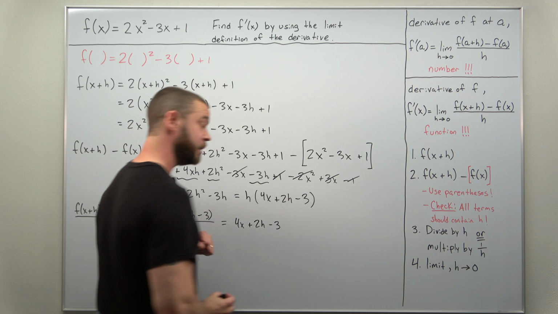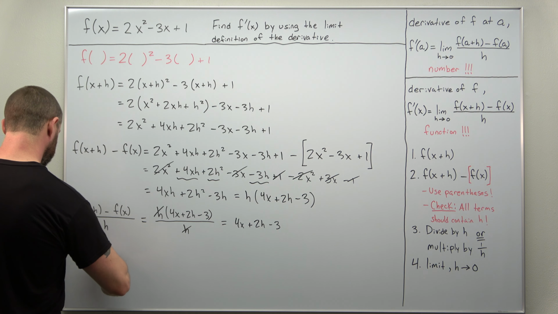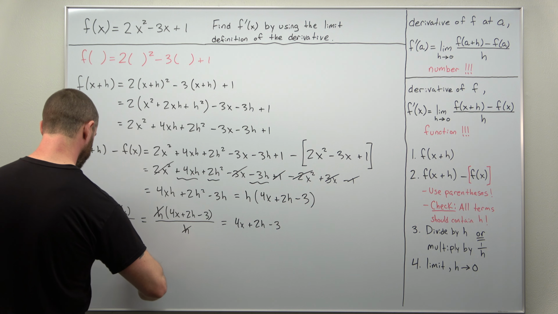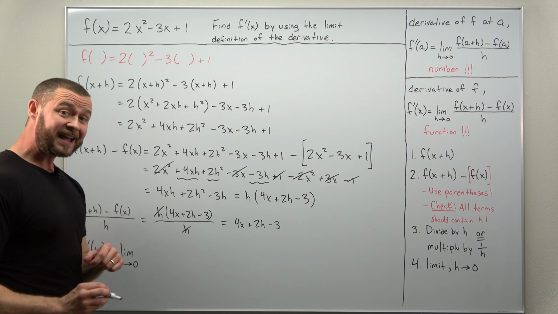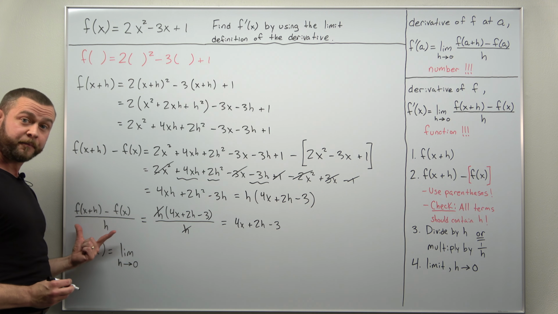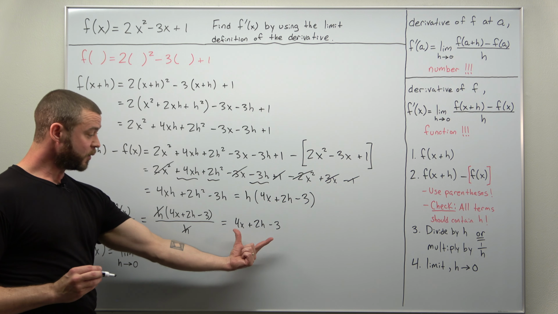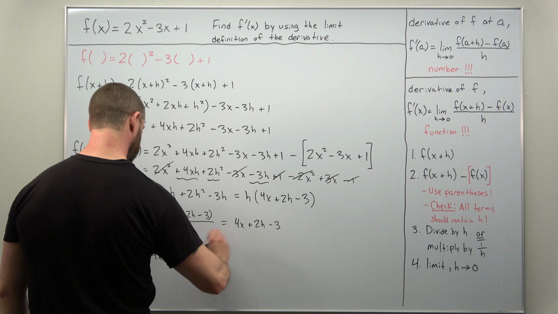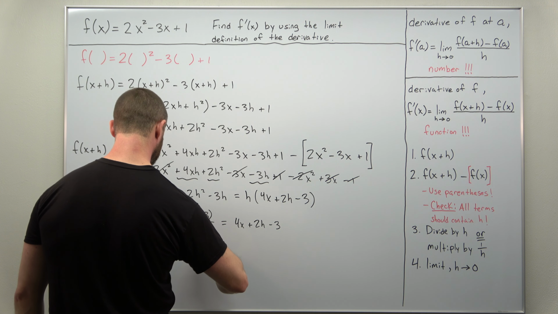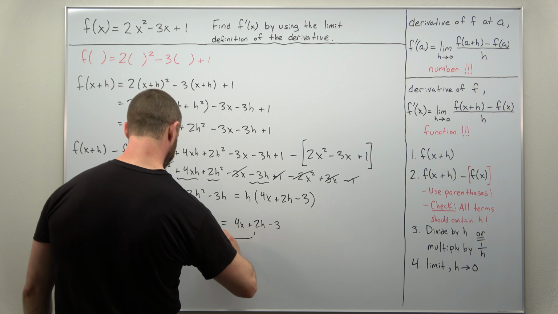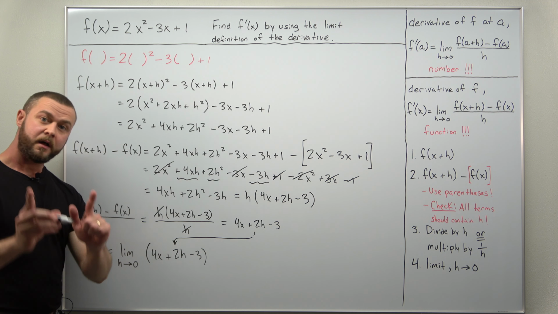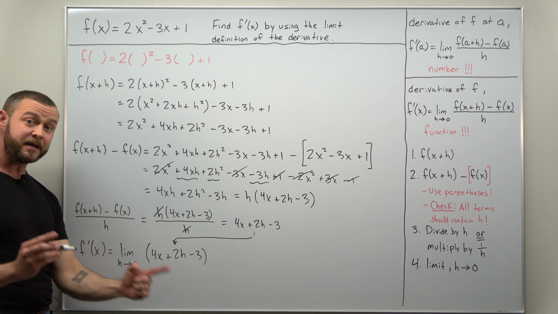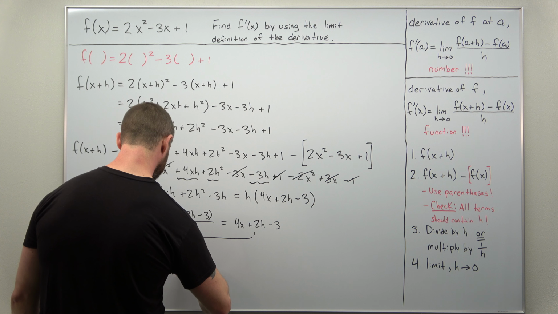And now if we go ahead and write down what we're calculating, this is f prime of x, the derivative of our function, which is defined as the limit as h goes to 0 of this difference quotient, which we just simplified here to 4x plus 2h minus 3. And again, because the indeterminate form cancels out, you can evaluate this limit by plugging in h as 0.